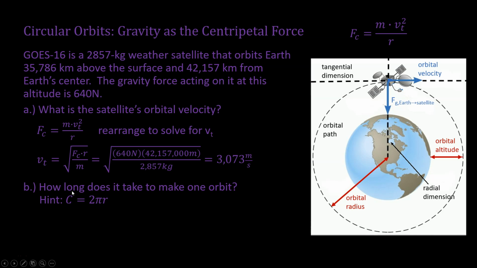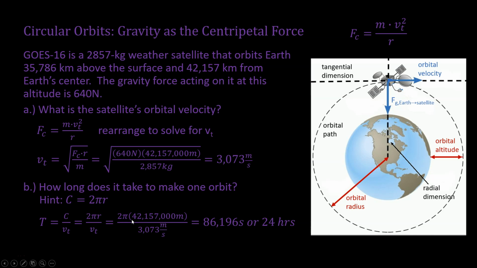Also, we need to recognize that the amount of time it takes to make one orbit is known as the orbital period. The formula for the orbital period, capital T being the symbol, is equal to the circumference of the orbit divided by the tangential velocity. And of course, we know the circumference is 2 pi times the radius.